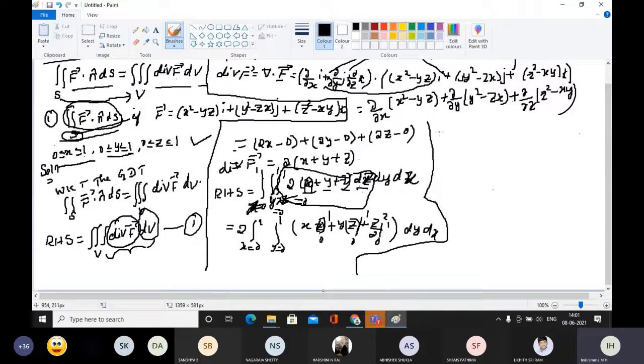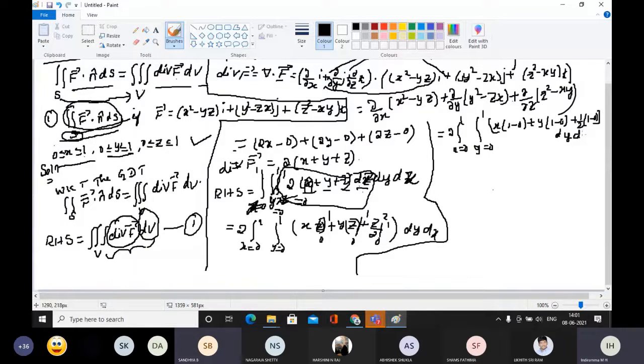So next, 2 times integral x from 0 to 1, integral y from 0 to 1. So it is x, upper limit is 1, lower limit is 0. Next plus y, upper limit is 1, lower limit is 0. Plus 1 by 2 you keep it out, upper limit is 1, lower limit is 0, into dy dx.